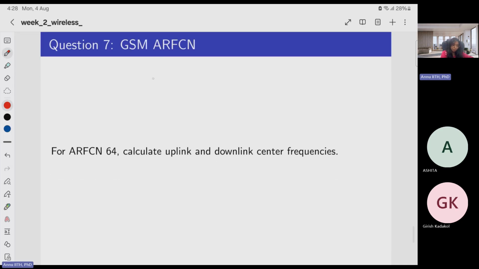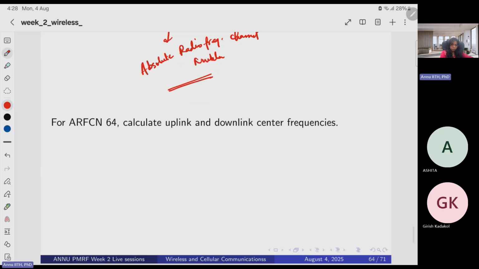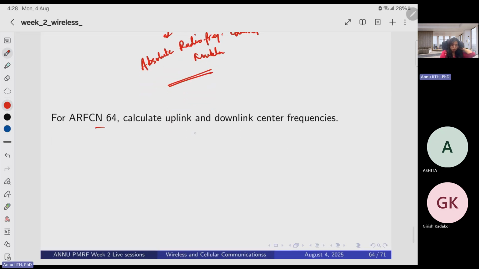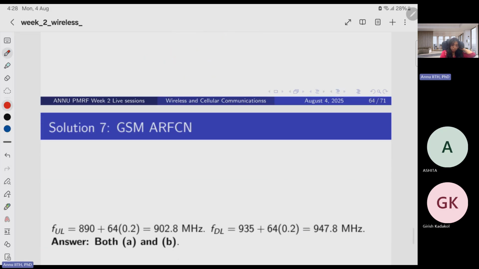So it is a channel number. Absolute radio frequency channel number. It's a code. This concept is used in GSM, UMTS, and so on. So for 64, calculate the uplink and downlink center frequencies.